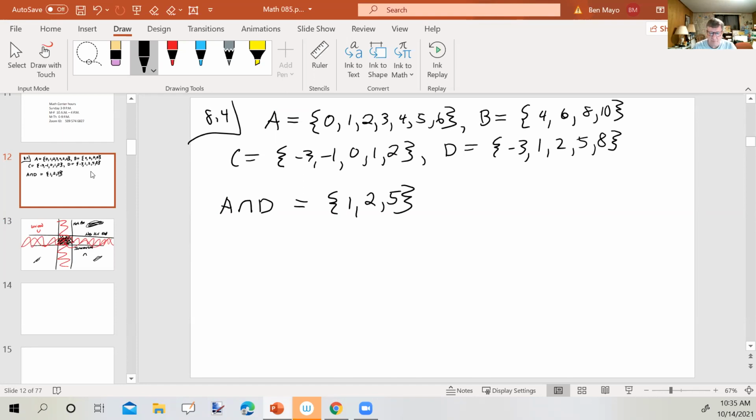Those are the numbers that are in both A and D, therefore they are in the intersection of A and D. Any questions about this example?